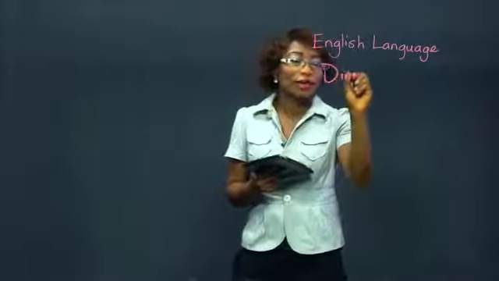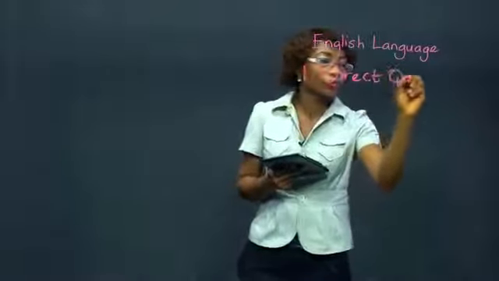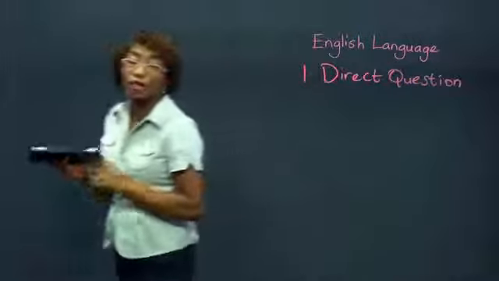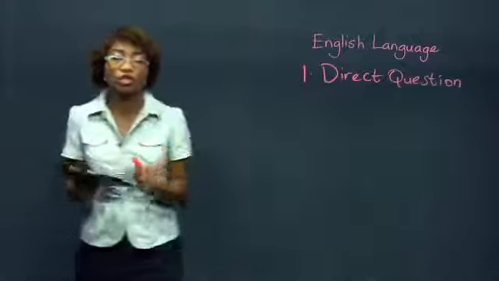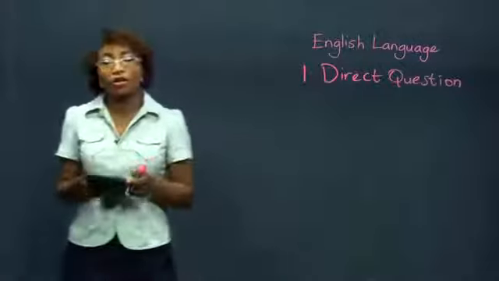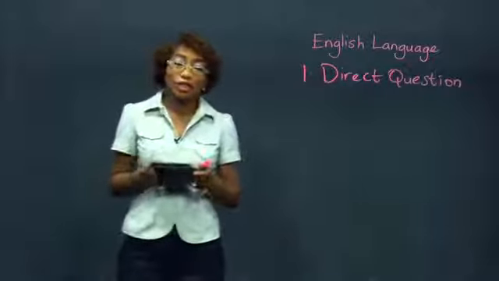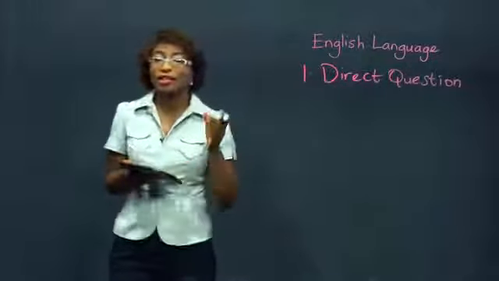Now, what is the direct question? The direct question is one of the kinds of questions that you get under a comprehension passage. And the direct question is usually the first few numbers 1, 2, or 3, or number 1 and 2.